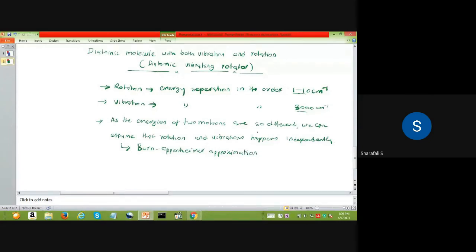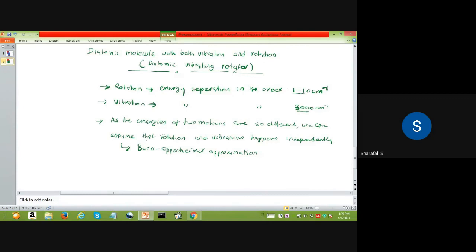Since the energy level difference between the rotation and vibration cases is so different, one in the range of 1 to 10 centimeter inverse, another in the thousands of centimeter inverse, we are treating the vibrational motion and rotational motion independently. This kind of assumption is called the Born-Oppenheimer approximation.